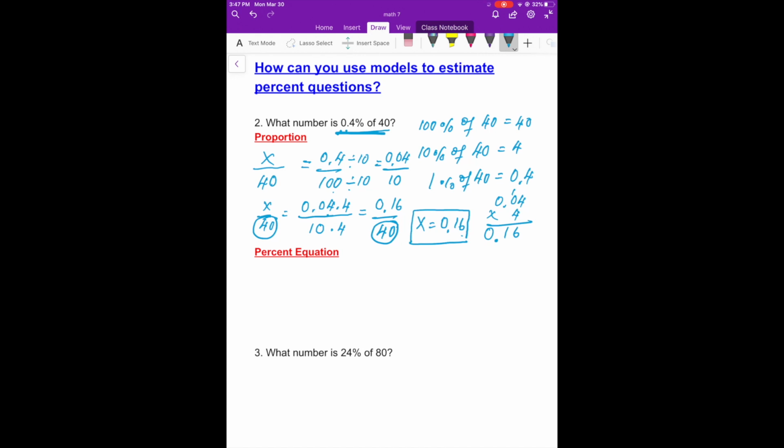X is equal to 1600th or 0.16. 0.16 would be less than 2/10. On a number line, it will be behind. It will be on the left side of 0.2 or 0.20.